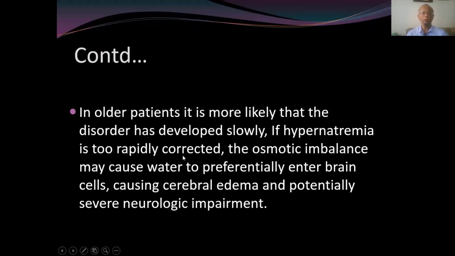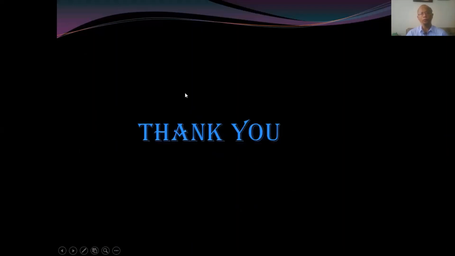If hypernatremia is too rapidly corrected, the osmotic imbalance may cause water to preferentially enter brain cells, causing cerebral edema, and potentially severe neurological impairment can occur. So this is all about today's lecture.